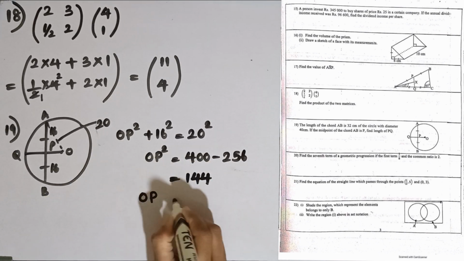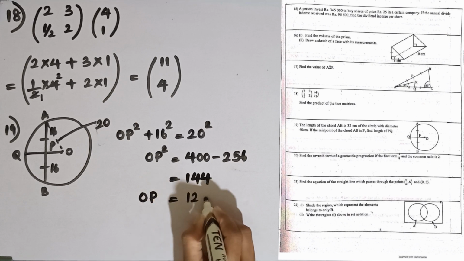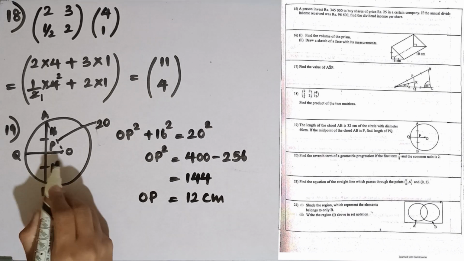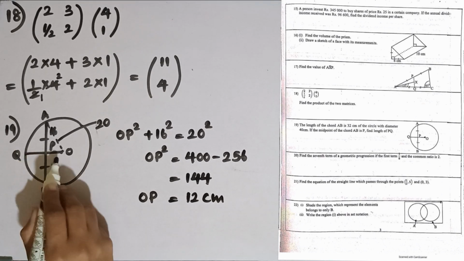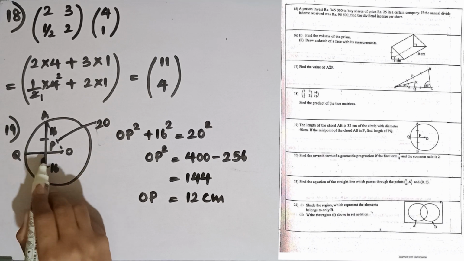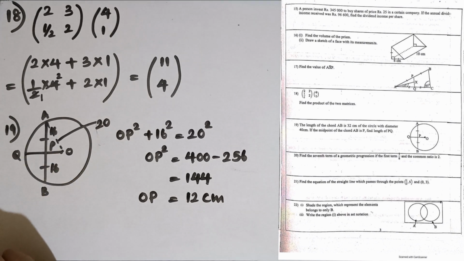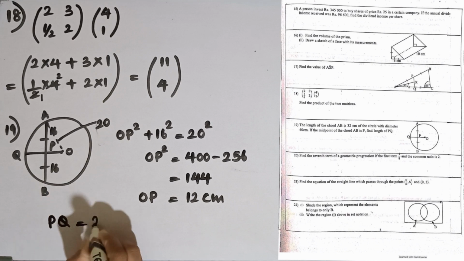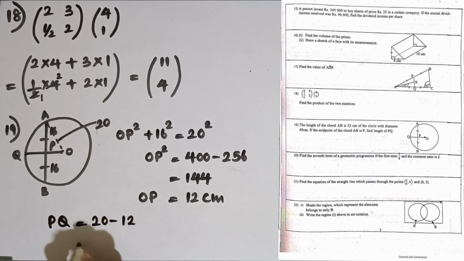Then OP is square root of 144, that is 12 centimeters. Then OQ, the total length is 20. Then if OP is 12 centimeters, we can find PQ here. PQ equals 20 minus 12. Then 8 centimeters is the answer.